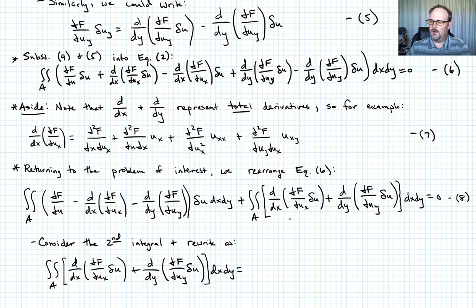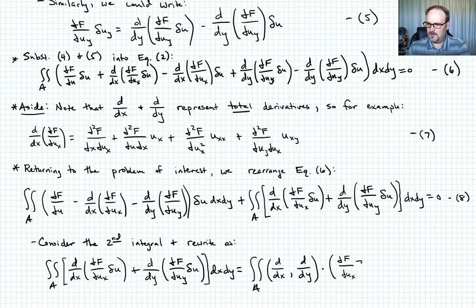That's going to be equal to, well, what could we write this as? Well, what if I were to write this first term as d/dx, d/dy, this is a vector operator, dotted with something that looks like del f del ux delta u, and del f del uy delta u, and then dx dy.